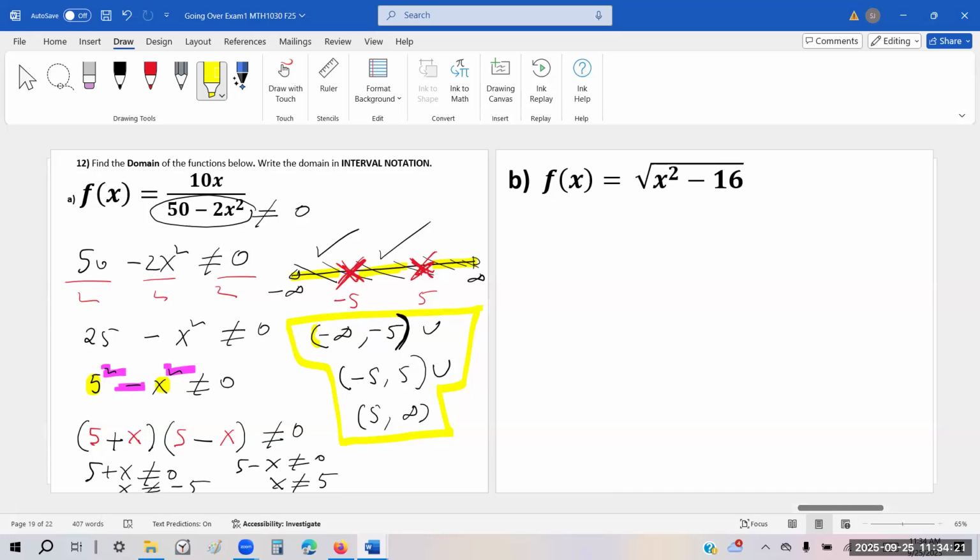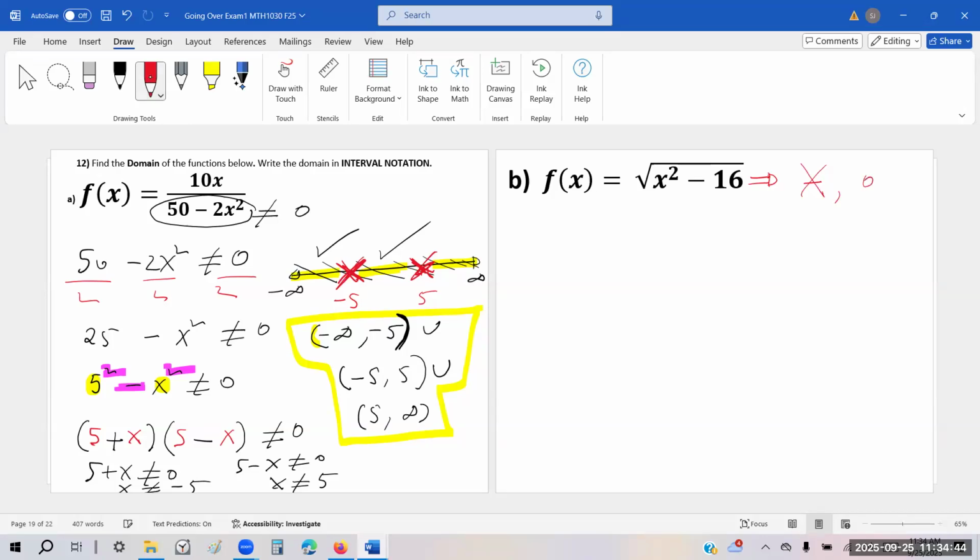In the next one, we have another type of problem. It's a square root function. Now for square root function, let's say this time this is our Android phone, so we cannot plug in the iPhone charger. So what type of charger does it use? Can it be negative? It cannot be negative, right?